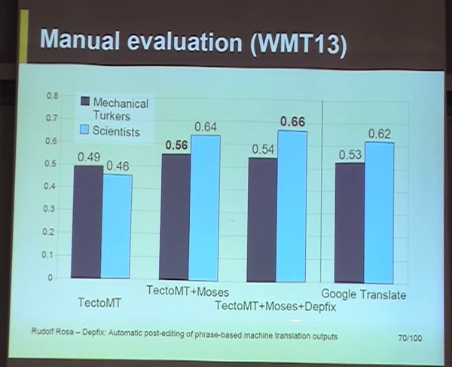And then we used Moses enriched with TectoMT and post-edited by DEPFIX. And the nice thing is that, at least according to the scientists, this combination of all the systems was the best system in the whole competition. And definitely these two systems were the best. It depends on if you trust more scientists or mechanical Turkers.